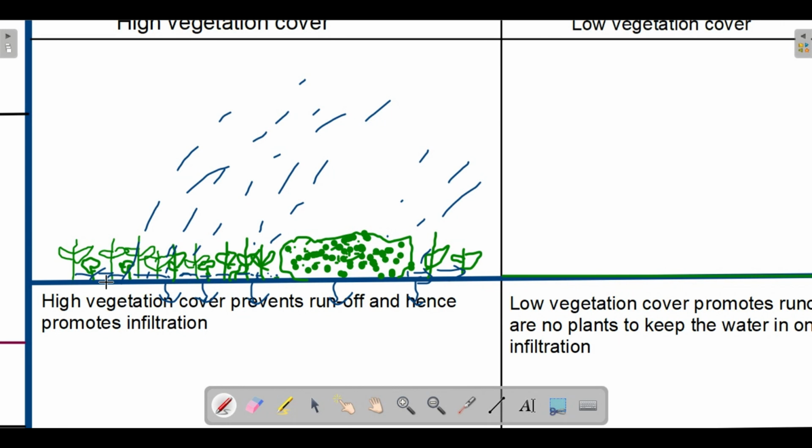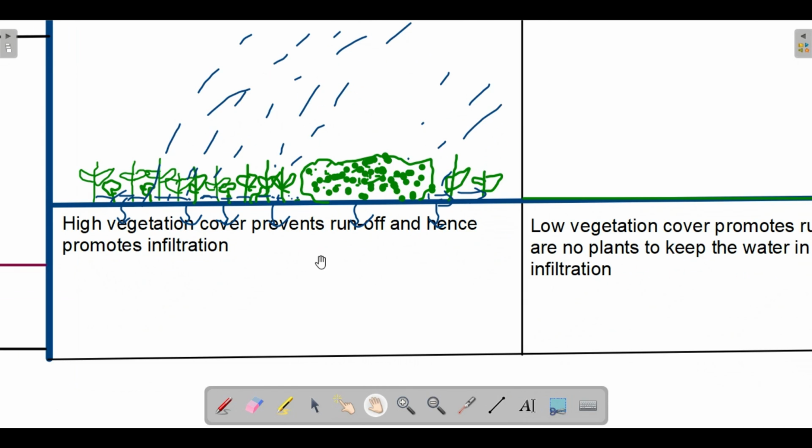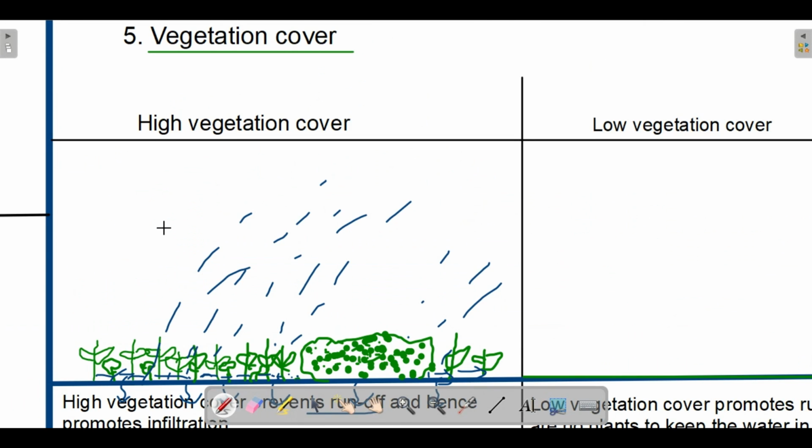Whenever you have high vegetation cover, you allow more time for the water particles by keeping them in one place for them to infiltrate. So high vegetation cover prevents runoff by preventing the water particles from moving from one place to another, hence forcing them to stay in one place and allowing more time for them to infiltrate, to enter through the ground. So this promotes infiltration. We see more infiltration whenever we have high vegetation cover.